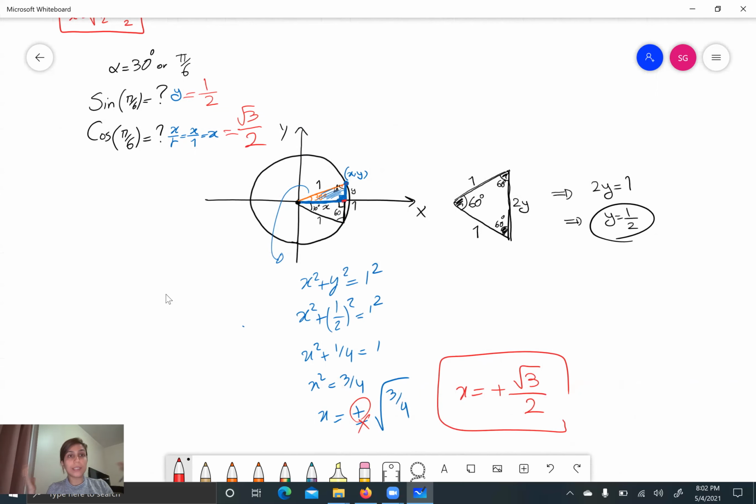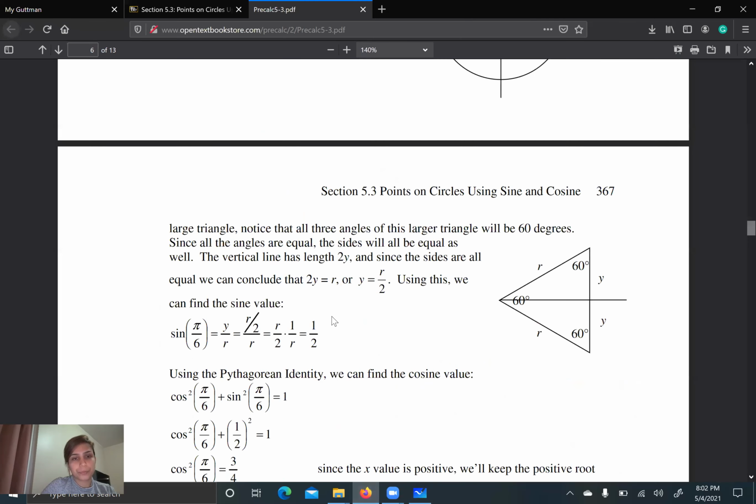That's it. We derived sine and cosine of 30 degrees. With this drawing, adding another triangle, and recalling what we learned in geometry about triangles, we were able to calculate x and y in this picture, which are in fact the sine and cosine of 30 degrees.